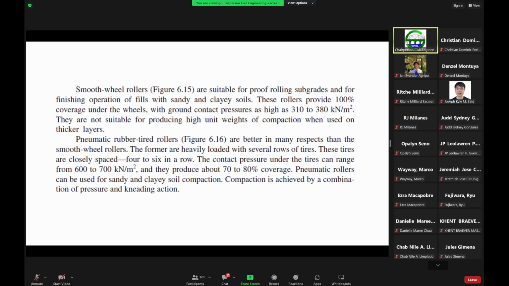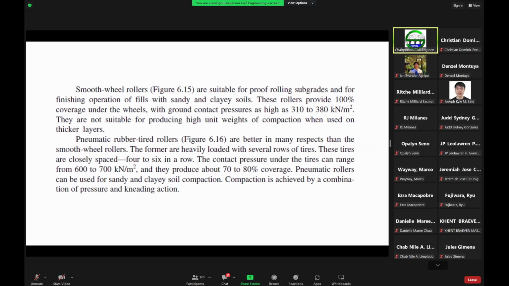For example, in road construction, there's the subgrade, the subbase, and the base course. So when dealing with the subgrades, the smooth wheel rollers are suitable, and also for finishing operation of fields with both sandy and clay soils.